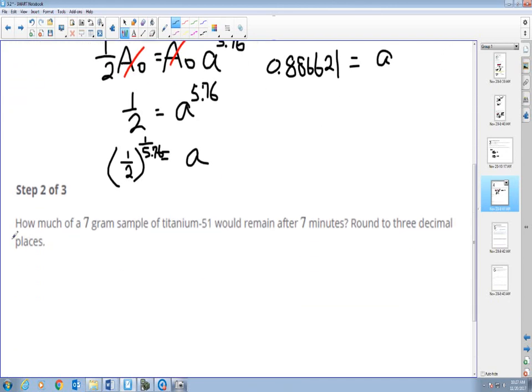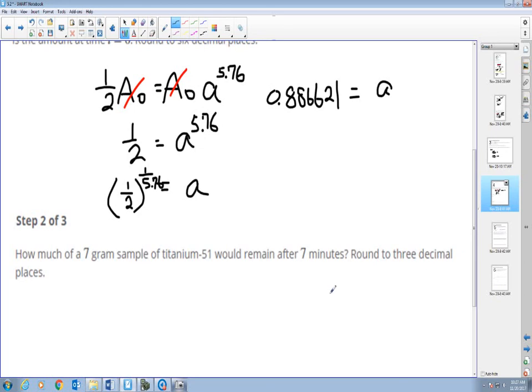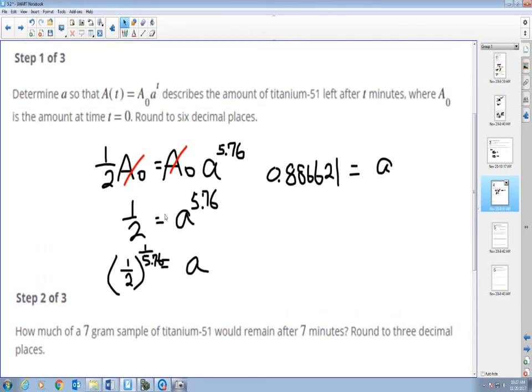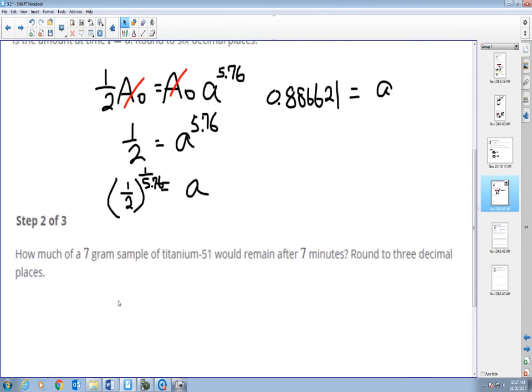So now, how much of a 7-gram sample of titanium-51 will be left over after 7 minutes? Let me write down my model. My model is the amount after some time t is equal to the initial amount, whatever it is.